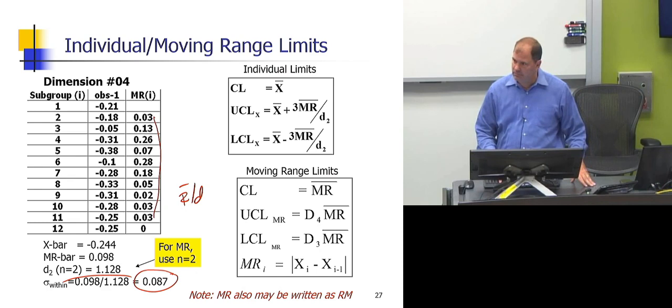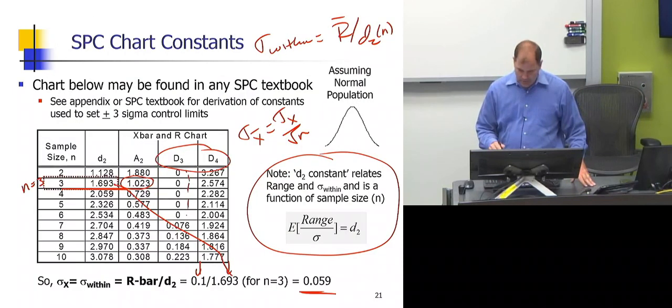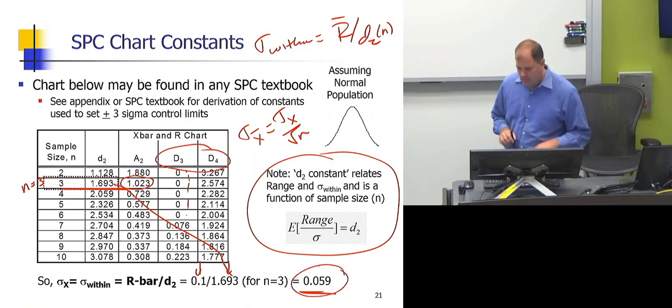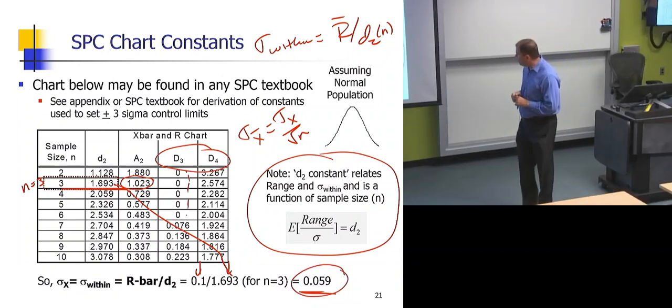Everybody see that? If I go back a few charts, when I did the subgroup size of 3, my sigma within was 0.059. Why do you think this number is going up?